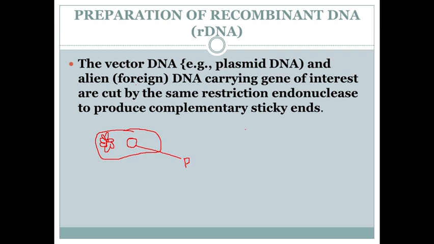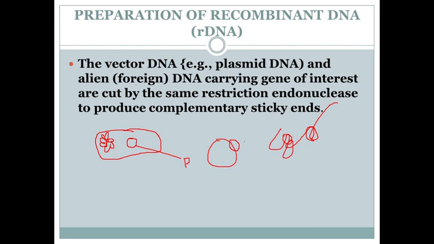For that, the plasmid DNA and the foreign DNA from which we obtain the gene of interest are both treated by the same type of restriction endonuclease. Restriction endonucleases are of different types, and as I said earlier, they are specific; they have a specific restriction site.